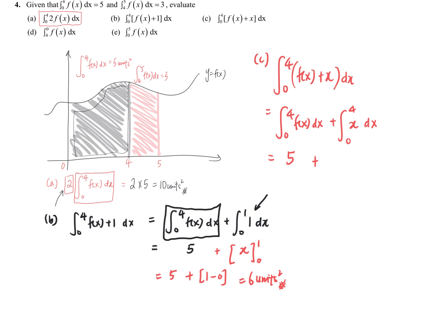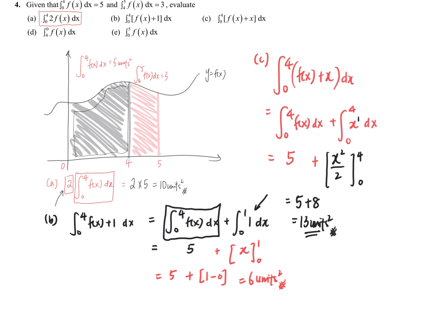The second part, how do you integrate x? This one was power 1, right? So you add 1 to the power, divide by 2. So sub in 4 and 0. So you get 16 squared divided by 2, which is 8, minus 0. So it's 5 plus 8 equals 13 units square.